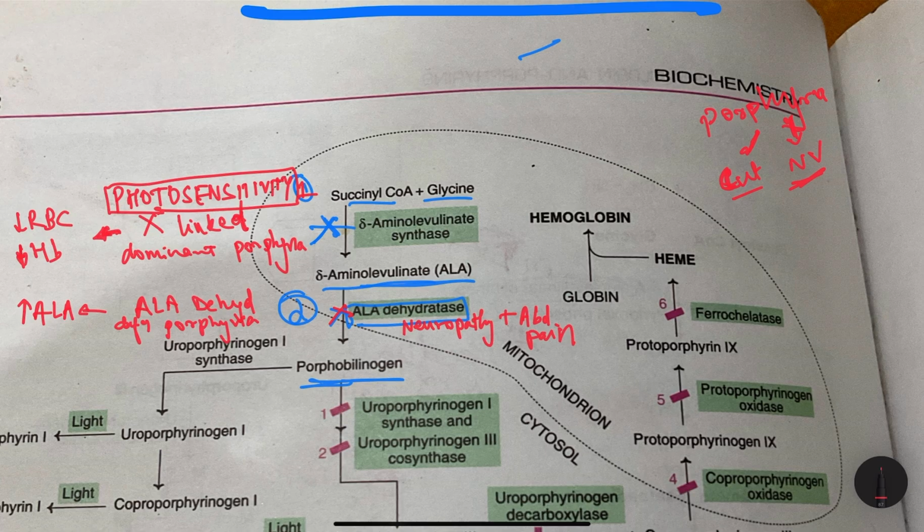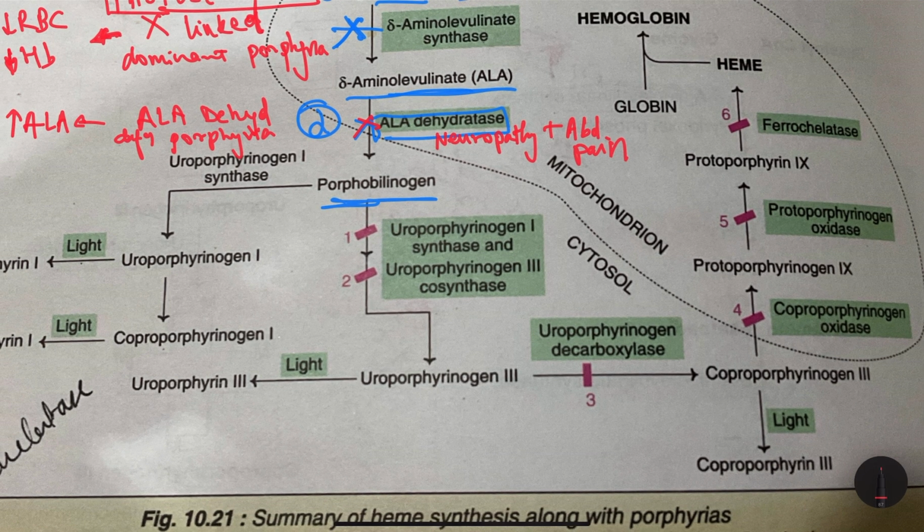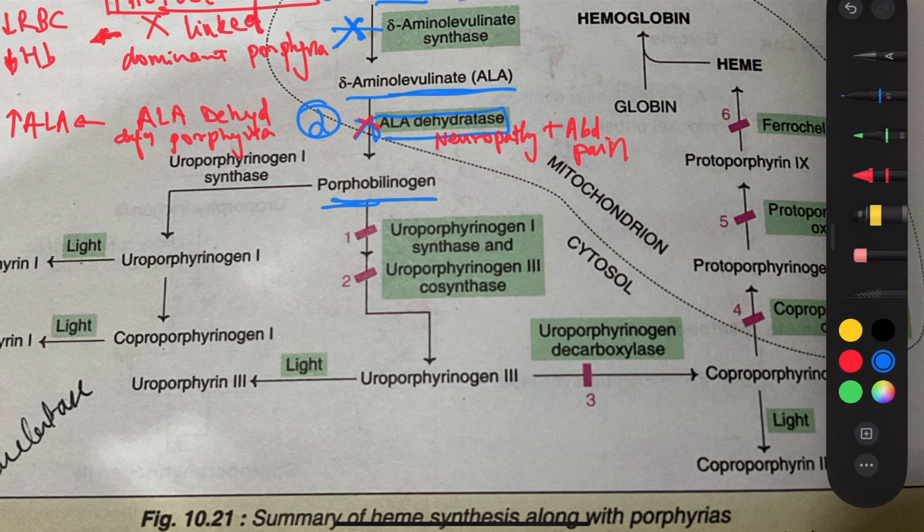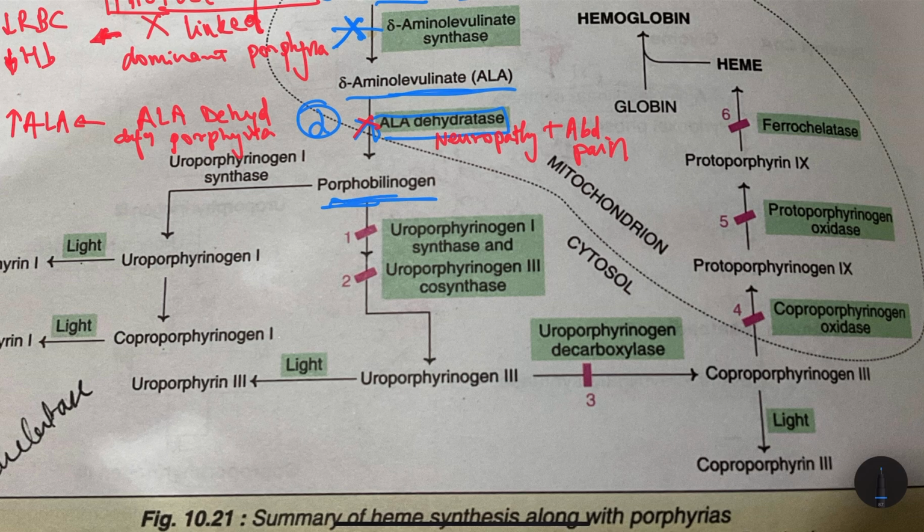Now let's go to the third step. Okay, let's go to the third step. So the third step here is that there's porphobilinogen, right? Now porphobilinogen has to be converted into something called as uroporphyrinogen, right? Obviously, there's an intermediary in the middle, but we do not want to remember the name. It's not important.